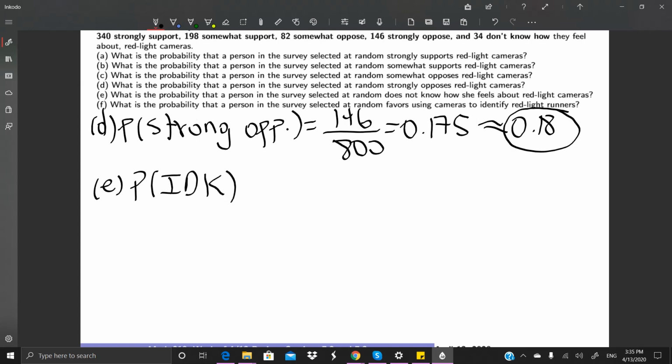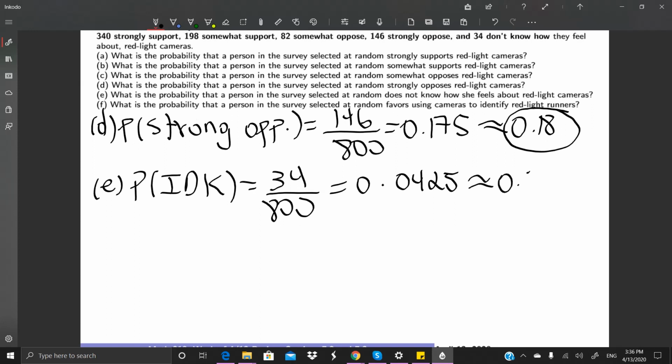So the probability of not knowing how one feels is 34 people out of 800, which comes out to 0.0425. And again, if you are going to approximate this to 2 decimal places, you'd say 0.04. Right, so about 4% of people say they don't know how they feel.